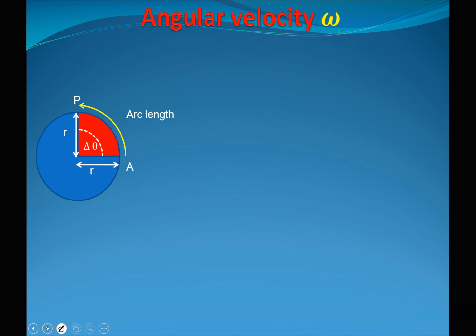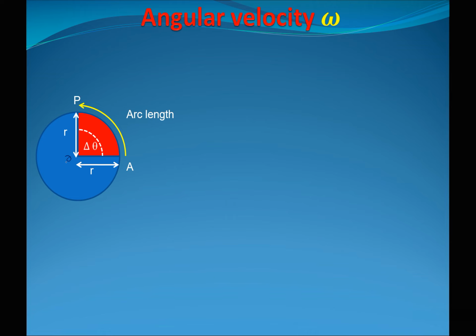So to understand angular velocity, we are going to consider the particle of mass m, as we mentioned earlier on, moving along the circumference of a circle center O, and the radius r, as shown by this illustration here.